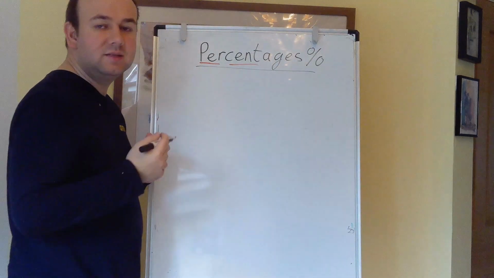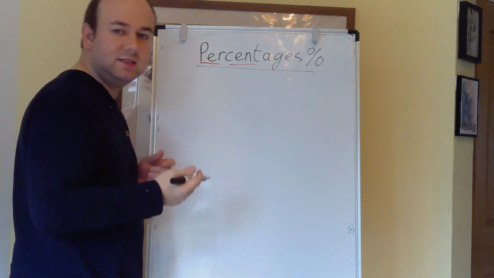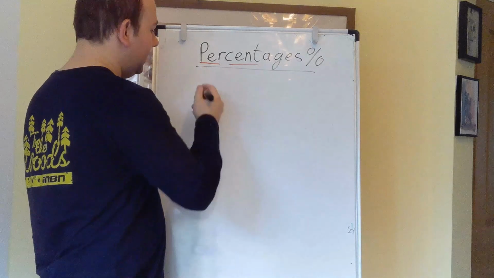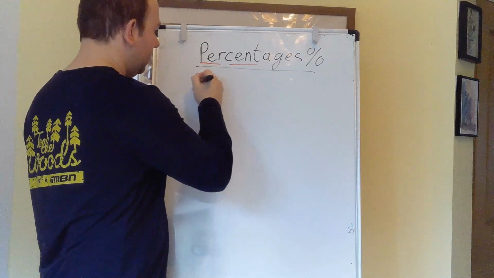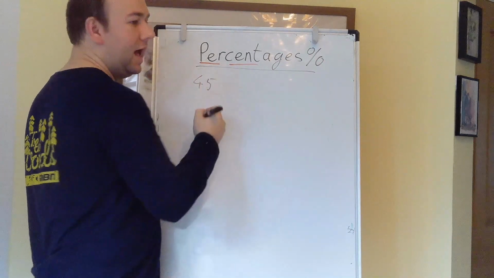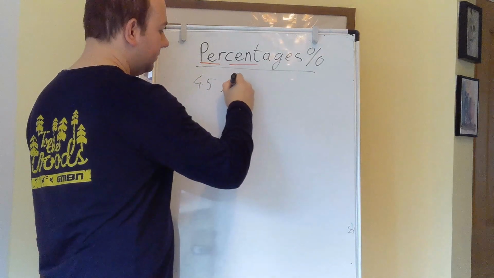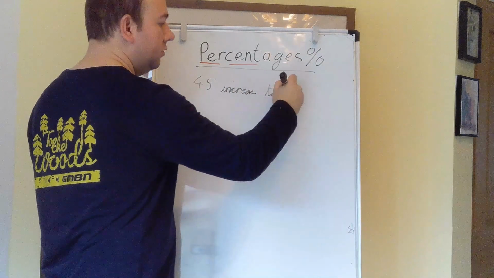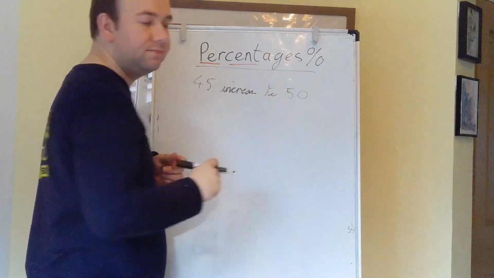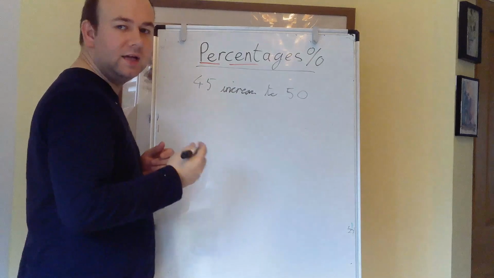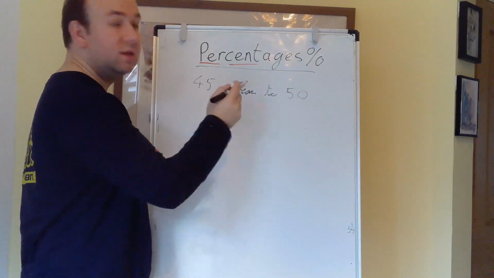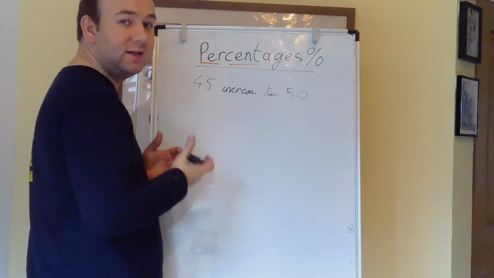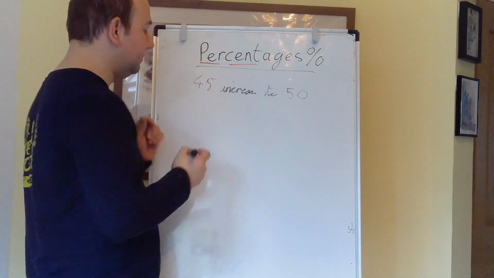Now let's have a look at percentage increase and decrease. So let's say you had the number 45 and it increased to 50. And you were asked to find what the percentage increase is. What you do for this is you have to find out what the increase is in real terms.